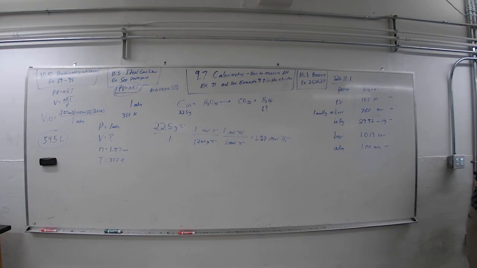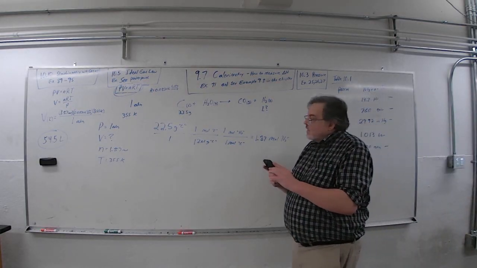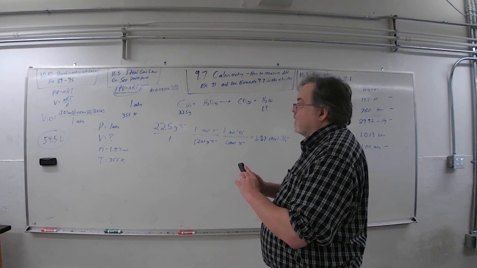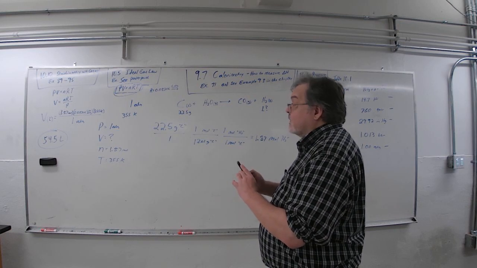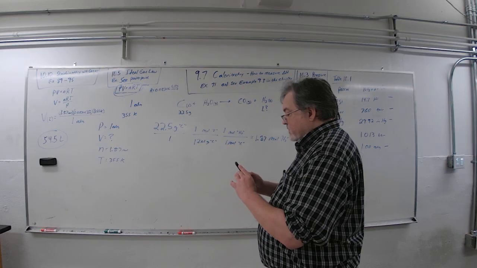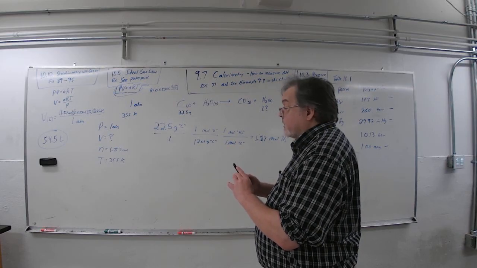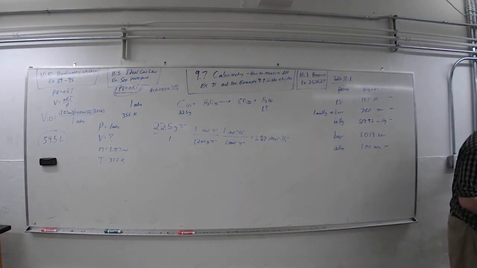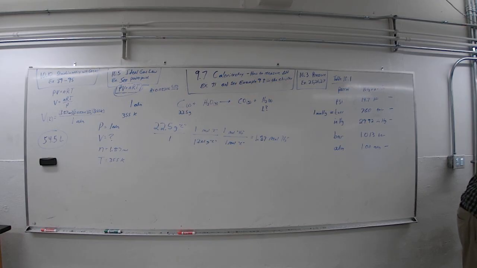Or I didn't. 54.5 is what I got. 1.87 times 0.08206 times 355. I get 54.5. That was 89.